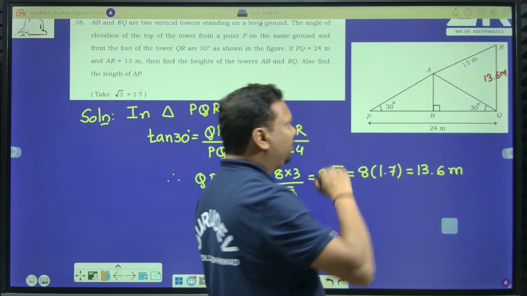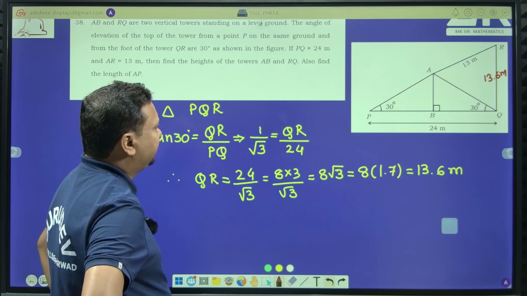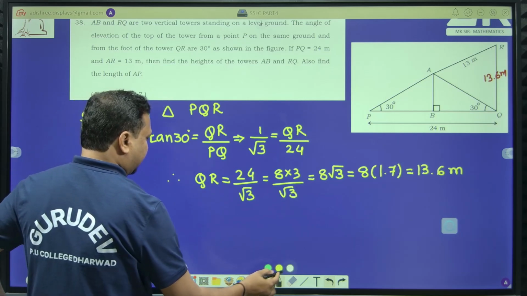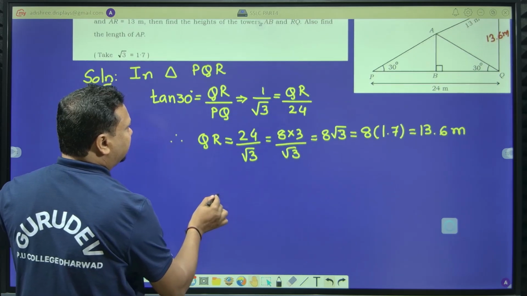QR, find out, done. Now you have to take care of AB. To find AB, again I am using another triangle. Before that, let me take a small concept over here. Please observe.